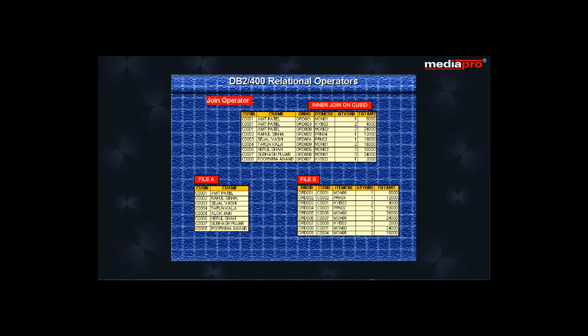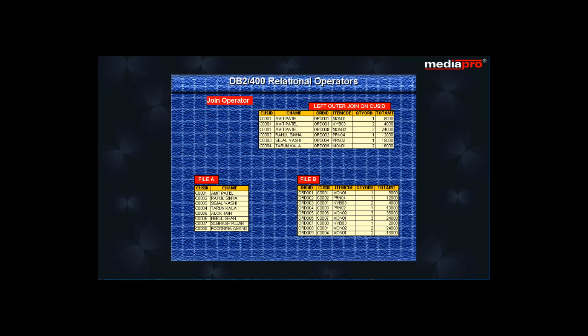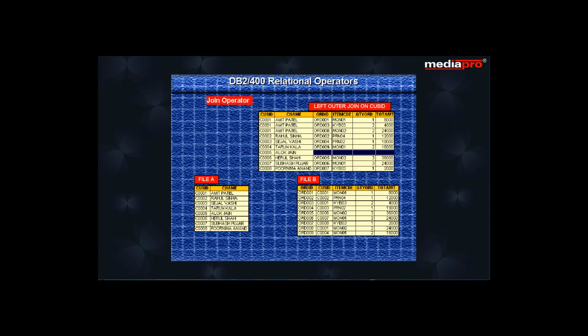As you can see in this example, the record having customer ID C0005 in file A is not included in the output since there is no corresponding record in file B. The left outer join will include all the records from the first file. In case a matching record is not found in the second file, default values will be used for the fields coming from the second file.